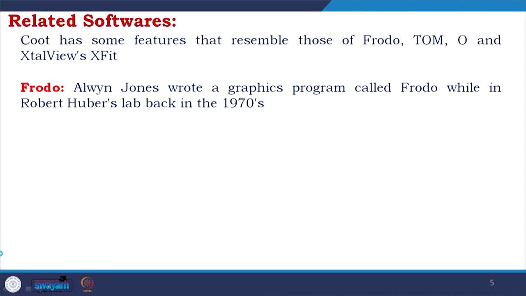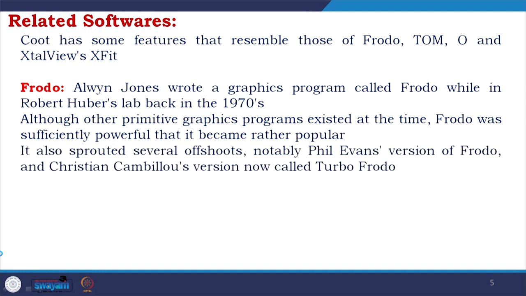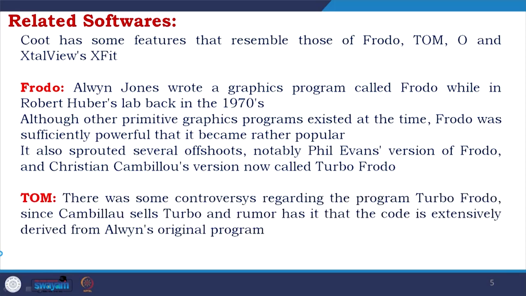Frodo was written by Alwyn Jones, who wrote a first kind of graphics program while in Robert Huber's lab back in the 1970s, one of the initial visualization programs. Although other primitive graphics programs existed at that time, Frodo was sufficiently powerful that it became very popular. It also sprouted several offshoots, notably Phil Evans' version of Frodo and Christian Cambillau's version now called TurboFrodo.